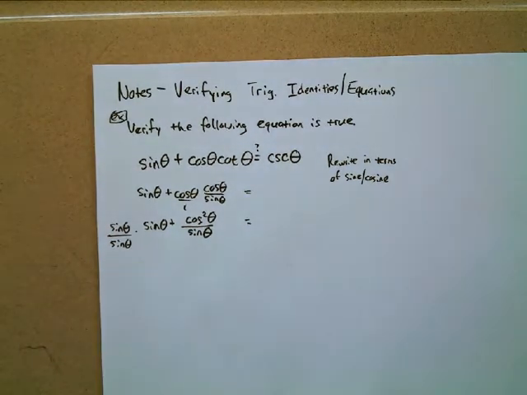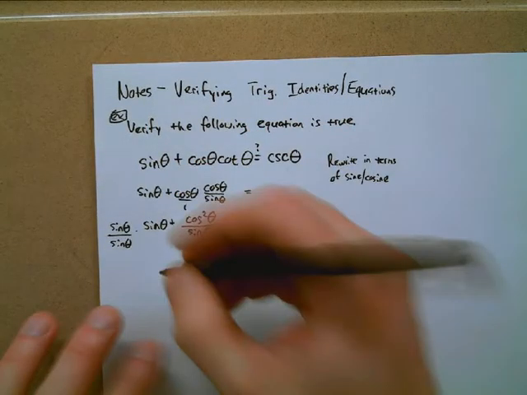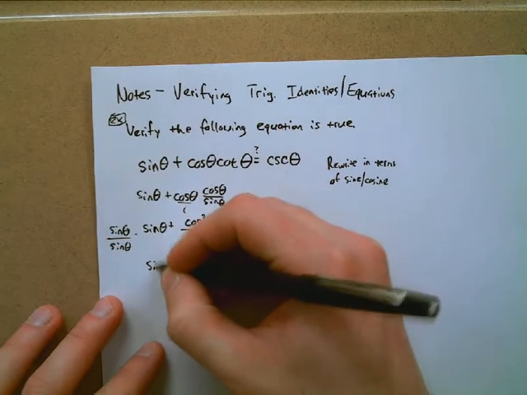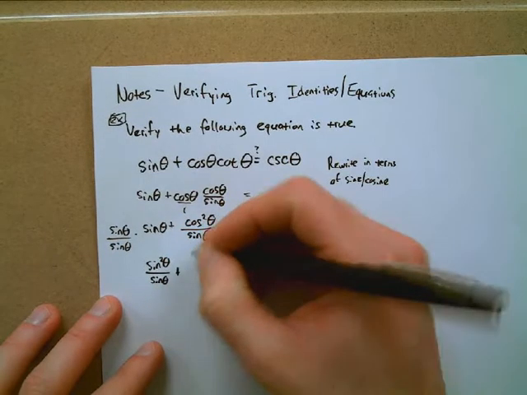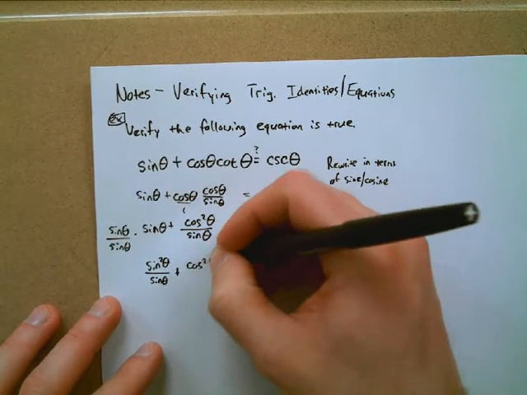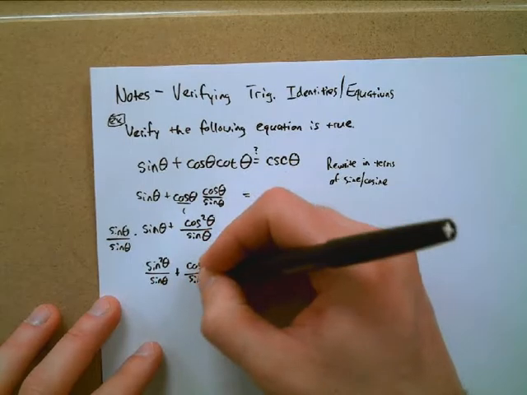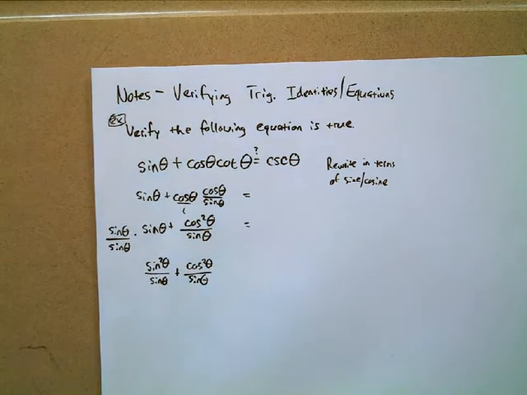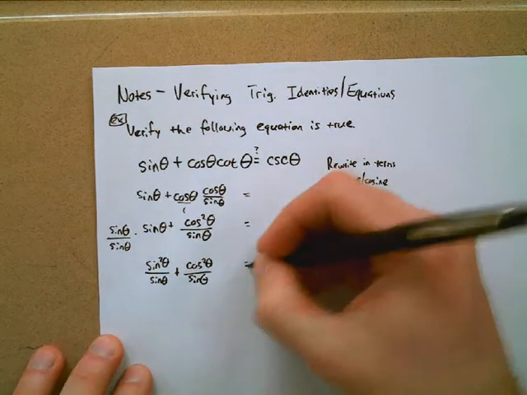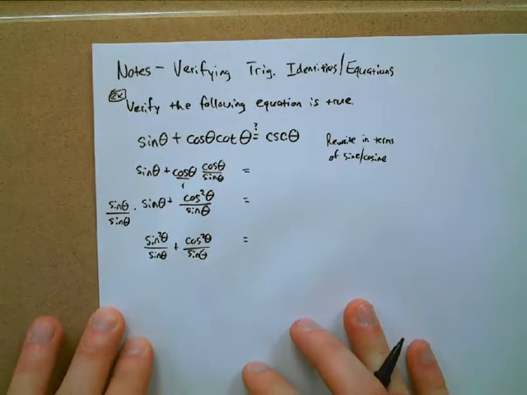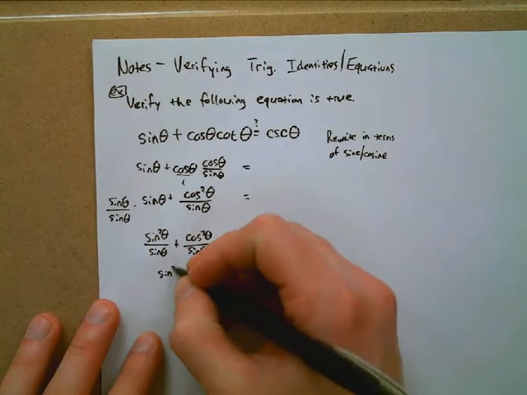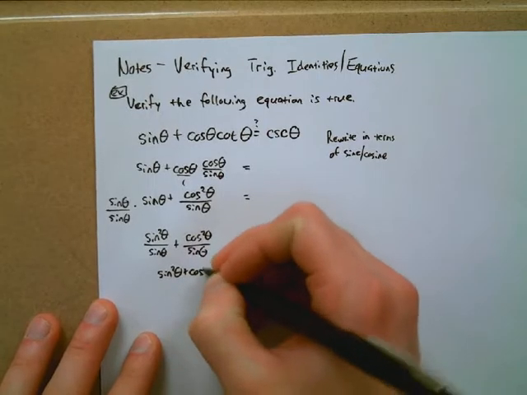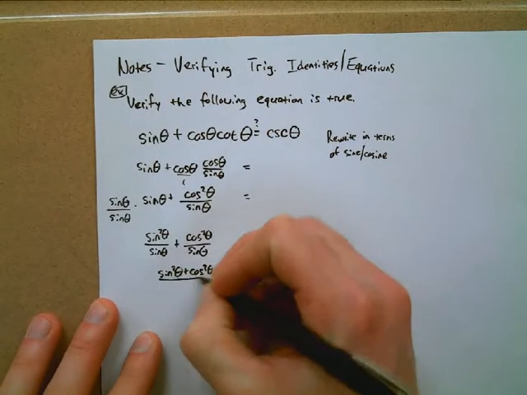And so I end up with sine squared theta over sine of theta plus cosine squared theta over sine of theta, which, when we put those together, we get sine squared theta plus cosine squared theta over sine of theta.